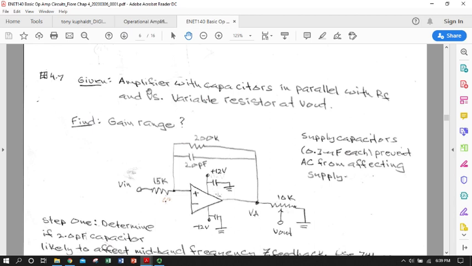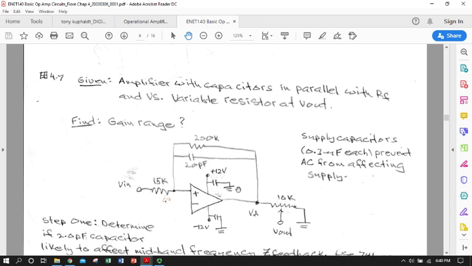So we're given an amplifier with capacitors in parallel with the feedback resistor, and in parallel with the supply voltage, and a variable resistor on the output. Okay, so we've got supply capacitors of 0.1 microfarads each, and that's just to prevent an AC signal from affecting the supply, because we're putting a DC supply in.